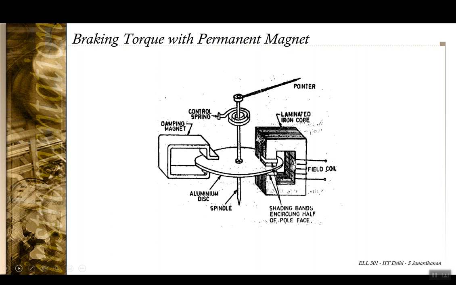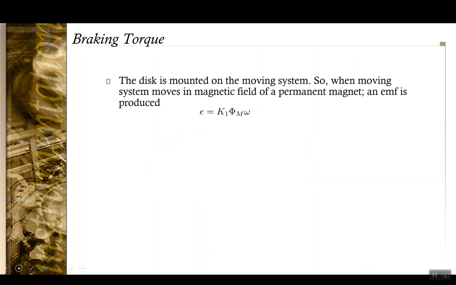And the braking is given by this damping magnet. Ignore this control spring here; I'm just indicating it to show the braking mechanism. The braking torque is generated because the aluminum disc is moving in the field of the electromagnet, so it is generated because of the EMF being produced.